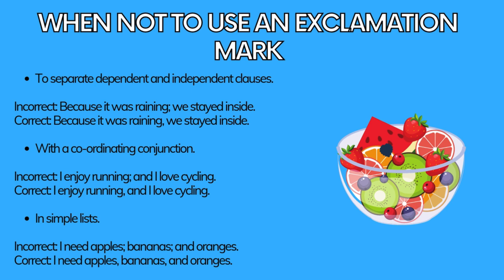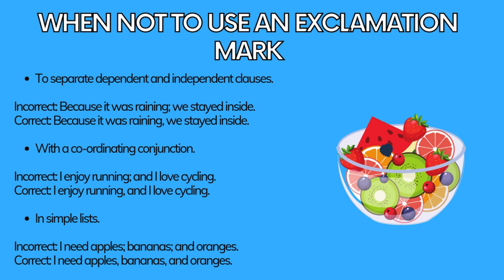Secondly, if you have used a coordinating conjunction, such as for, and, nor, but, yet, so, then we should not use a semicolon with it. You either use a coordinating conjunction or you use a semicolon.